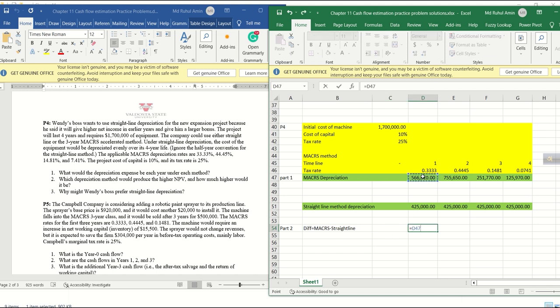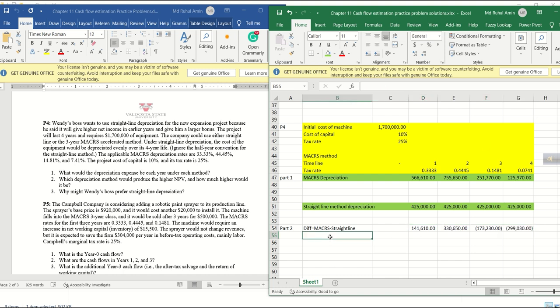So this minus this, this is our difference. And how much would be our tax saving on this? So this times this rate, and we need to fix the rate. 35,402. So this would be our cash flow.